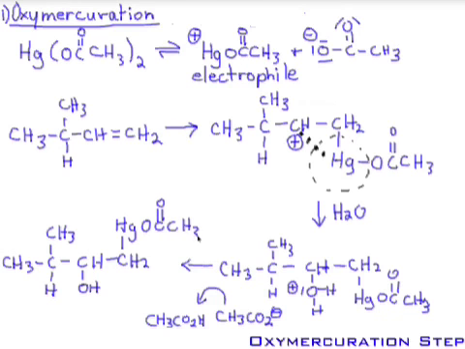So we still have the mercury group on here. So in step 1, oxymercuration, we add to the alkene, we prevent rearrangement, there's no 1,2 shifting, and we get the alcohol, but we still have the mercury. Now we need the second step, called demercuration.